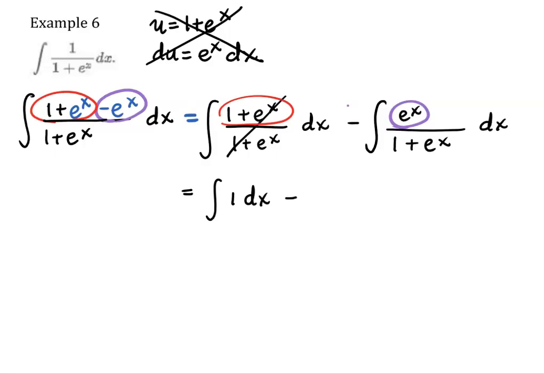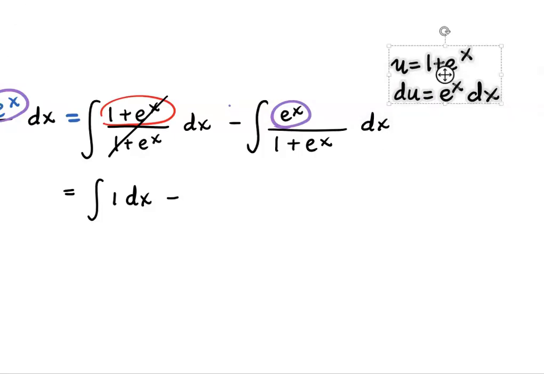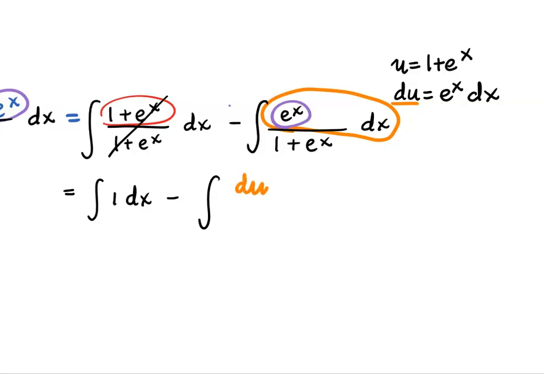But now in the second integral, I now have a good choice for u. Now I could do exactly what I crossed out here. If I let u equal 1 plus e to the x, then du is e to the x dx. So my e to the x dx is showing up as my du, so I'll completely replace the numerator with du, and my denominator of 1 plus e to the x is simply my u value.